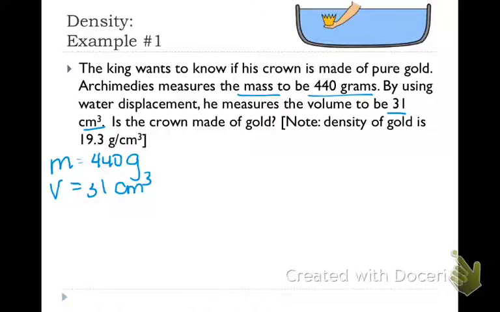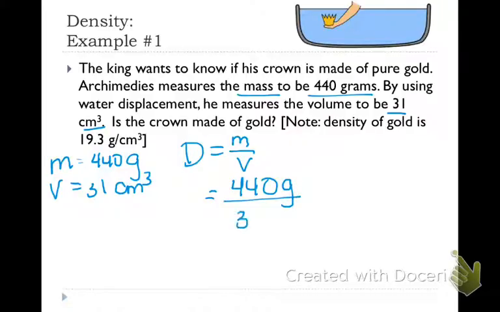So let's go ahead and plug this in. We know D is equal to M over V. So let's go ahead and put in our values. Our M is 440 grams. Our V is 31 centimeters cubed. And you're just dividing here. So grab your calculator. I'm grabbing mine right now. So 440 divided by 31. You get a lot of digits.